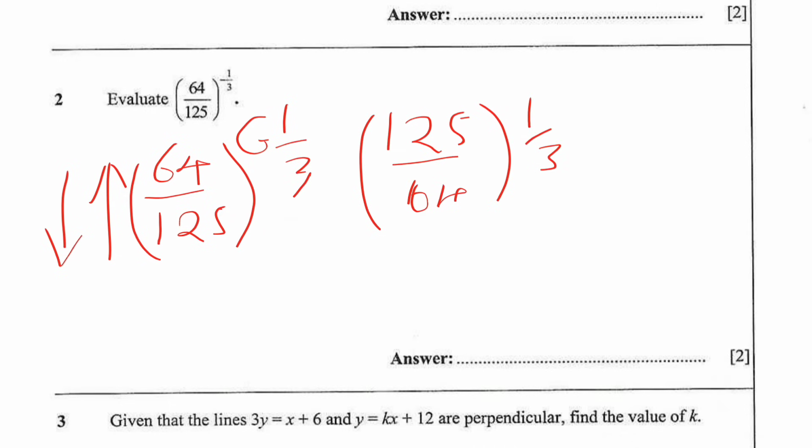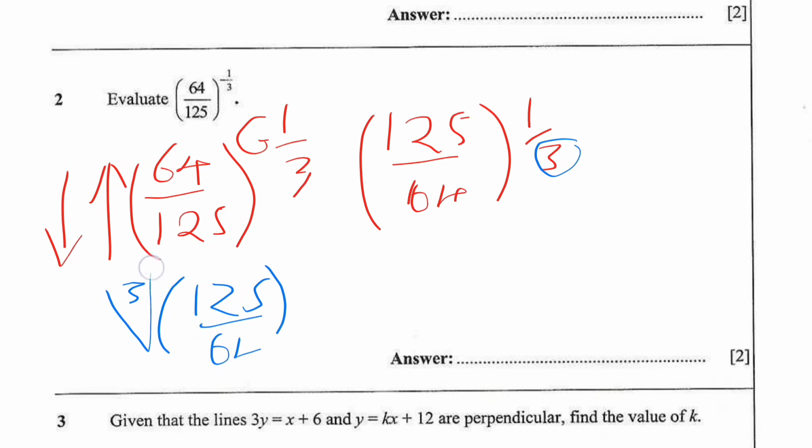Then the denominator here, the 3, becomes the root since it's a fraction. So it will be the cube root of 125 over 64. Now what is the cube root of 125?